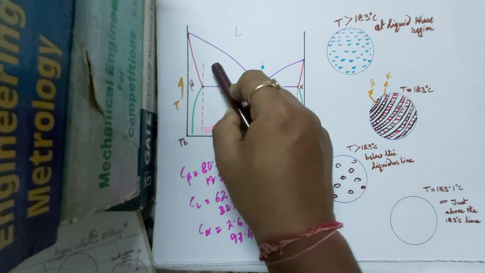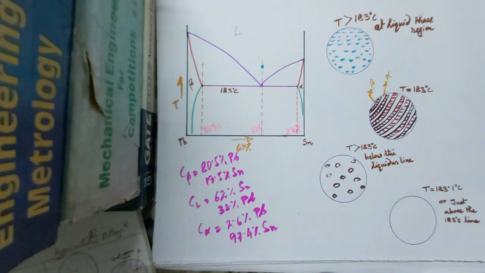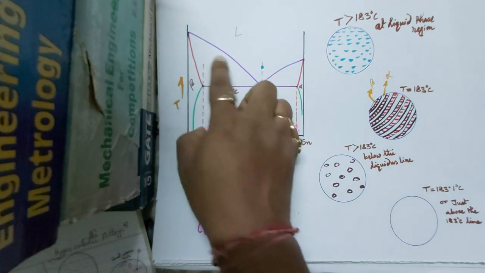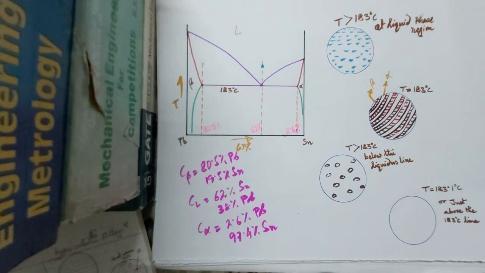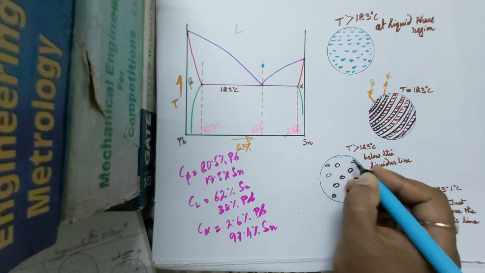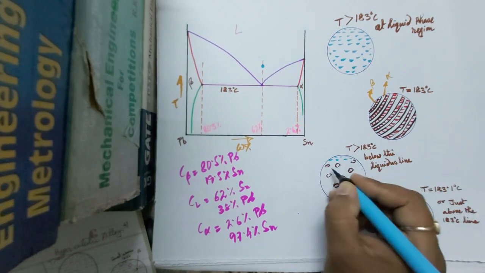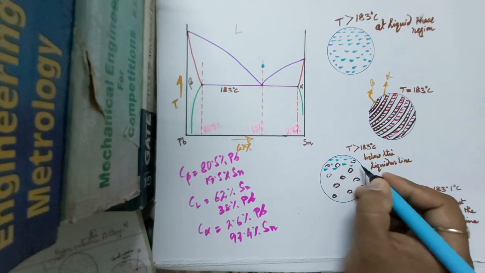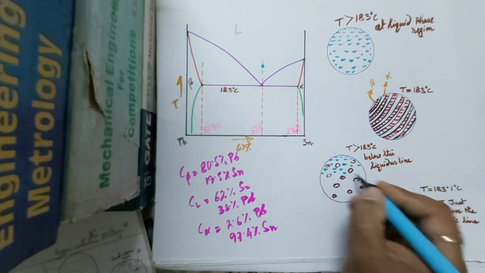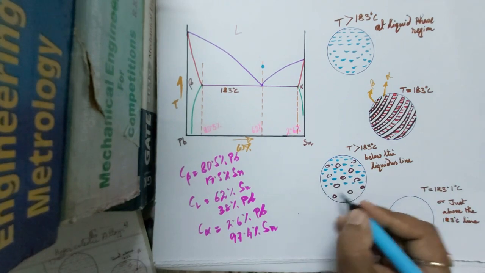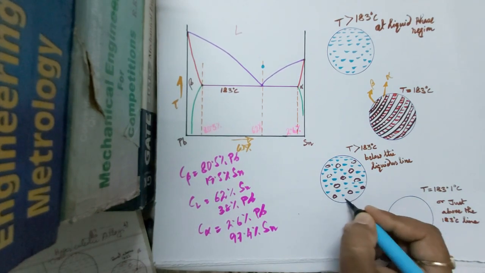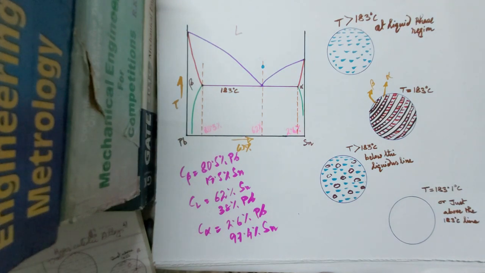In this place, as we have a beta-rich region, it consists of beta and liquid phase.